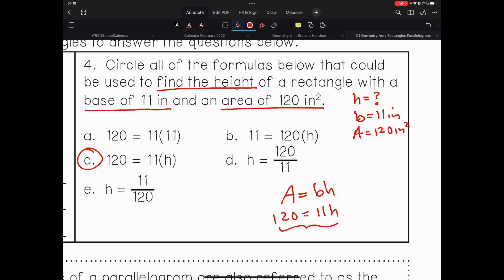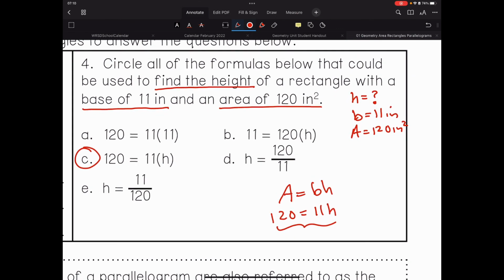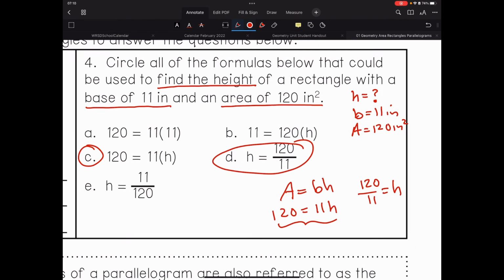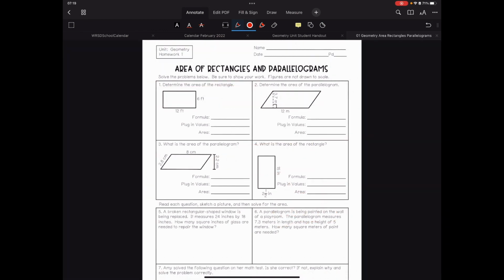And in the previous problem, we divided the area by the base. So in this one, we could divide 120 by 11 to calculate our height. We can see here that D is another option. So our answers to this are C and D.